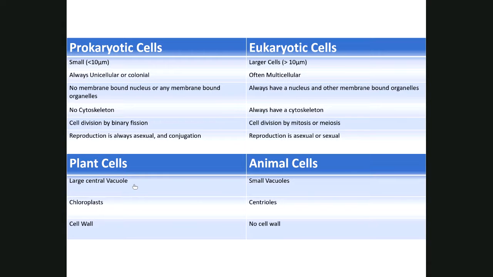All right. Animal cells have vacuoles, but they don't have large central vacuoles. They have little ones that roam around the cell. And sometimes those vacuoles are used for digestion. We call those lysosomes.